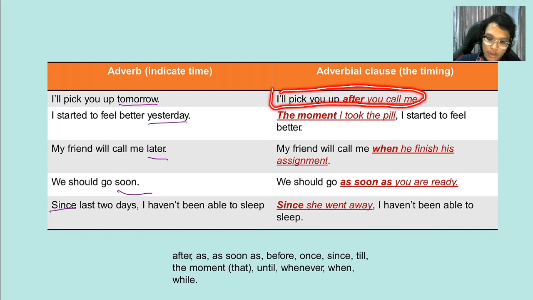Because you will understand directly and instantly that after you call me, someone will pick you up. So this adverbial clause is used to describe more details about the actions that will happen.